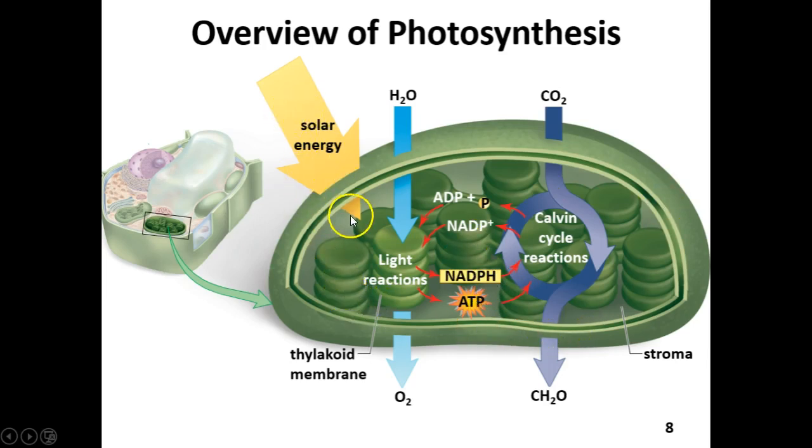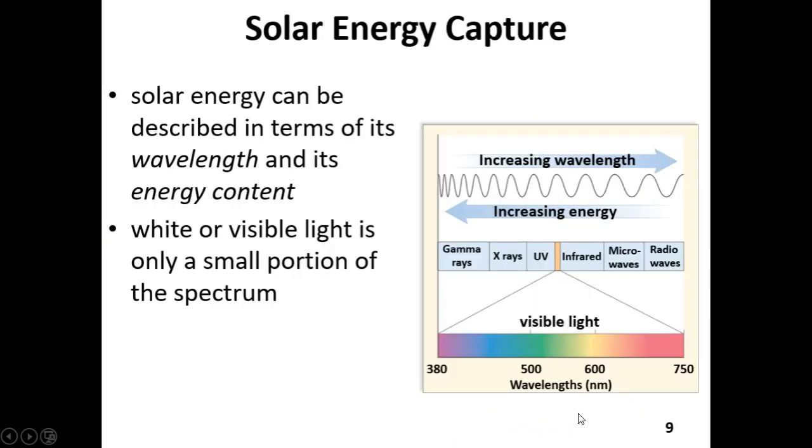Solar energy is taken in and enters the thylakoid of the chloroplast, and the water is going to be split, oxygen is going to be released, and after the Calvin cycle, after all of the reactions occur, we will have a carbohydrate that will be released for use by the cell.